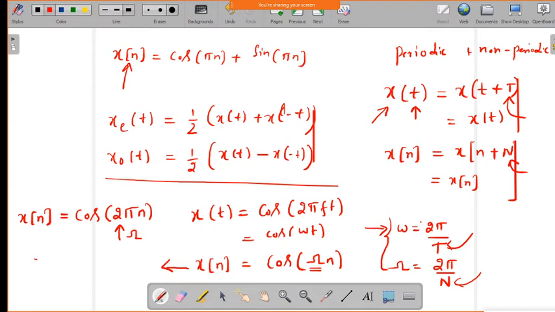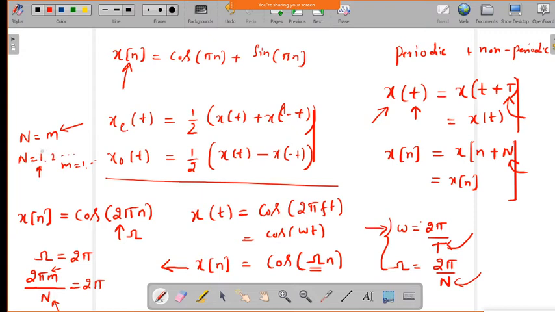The expression is ω = 2πm/N, and for a particular value of m you will get the fundamental period N. For m = 1, 2, whatever it is, N will become 1, 2 and so on. So the fundamental period in this case is 1.